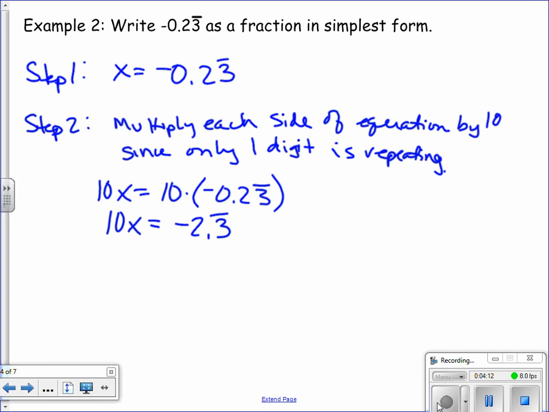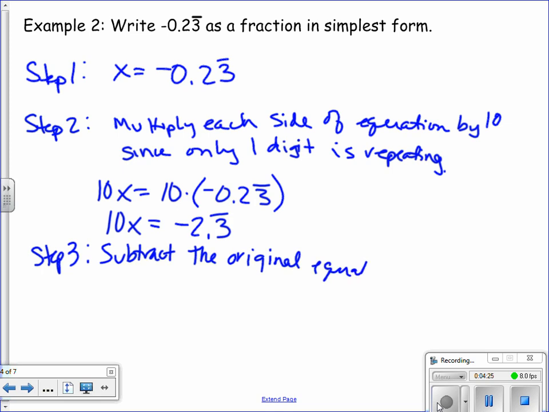Now in step 3, we need to subtract the original equation. So that means we're going to take 10x equals negative 2.3 repeating minus x equals negative 0.23 repeating.